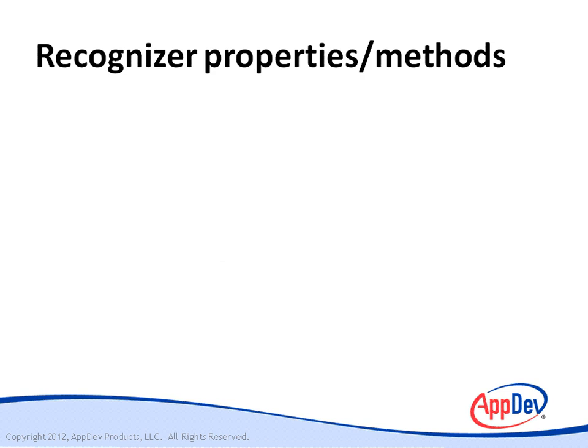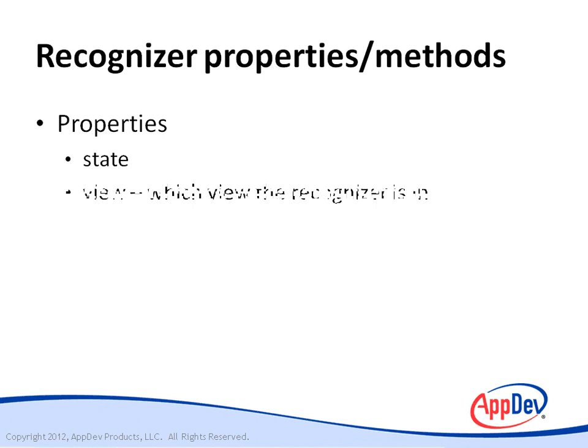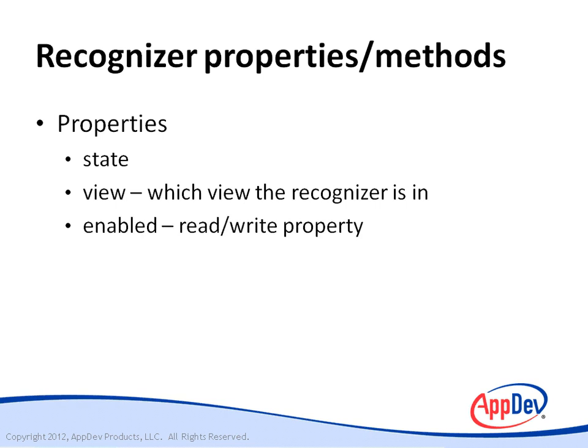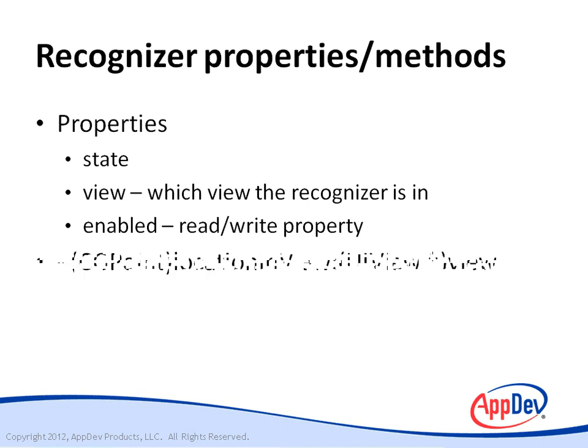Now, in addition to these states, recognizers also have properties and methods that you can inquire about them. So there's the state, which we were working on. There's the view, and that's the view that the recognizer started in. So the user could actually drag outside of the view, but the recognizer will always recognize the starting view for a gesture. You can also enable or disable a recognizer.